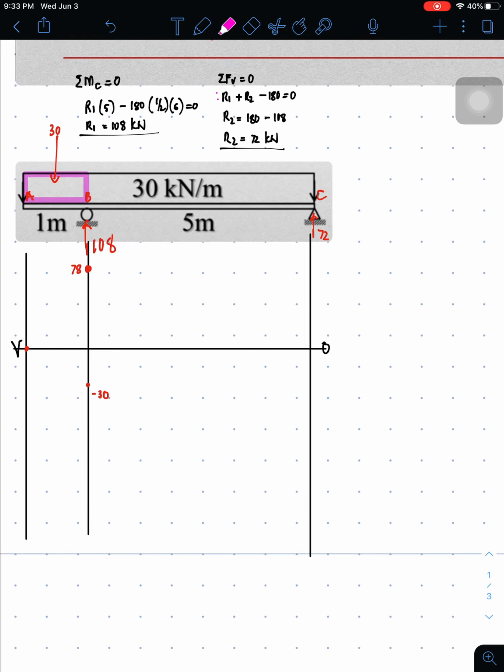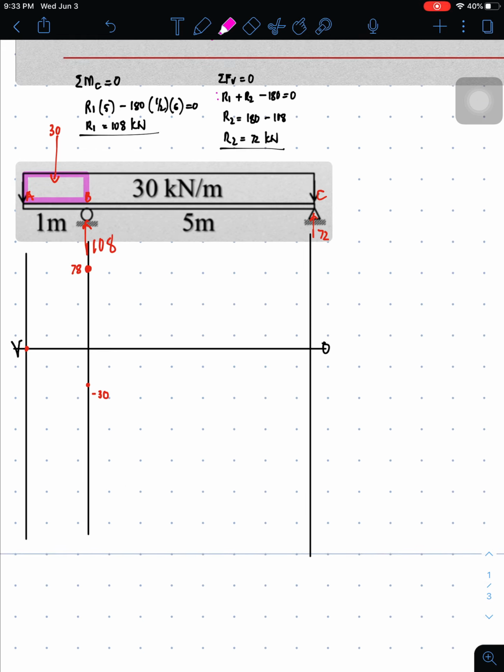Okay. So remember that we have a previous value of 78 and another value of 150. So we have to subtract them. So 78, I will subtract the 150 since it's downward. So the answer is negative 72. I hope you got that portion. So again, we're comparing the positive 78 and minus 150.